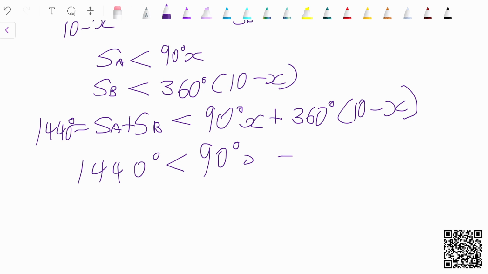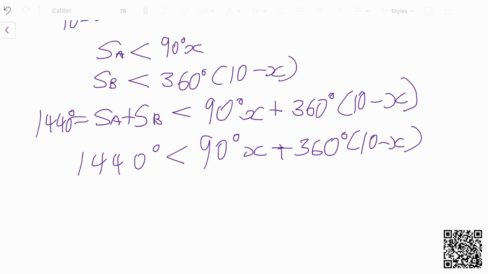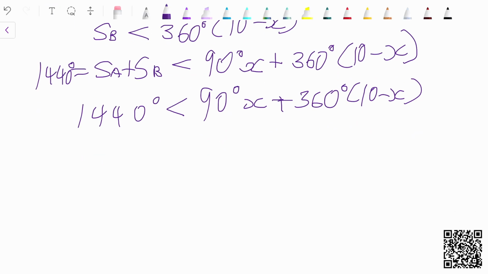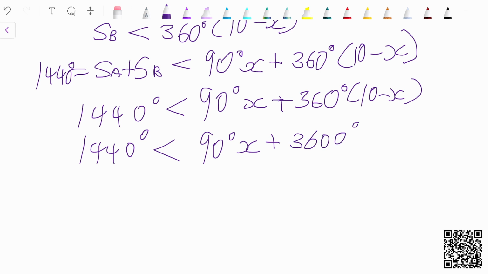So let me just write out the equation one more time. 1440 is less than 90x plus 360 times 10 minus x. Firstly, we're going to distribute the 360, yada yada yada, regular algebraic inequality. So 1440 is less than 90x plus 3600 minus 360x.